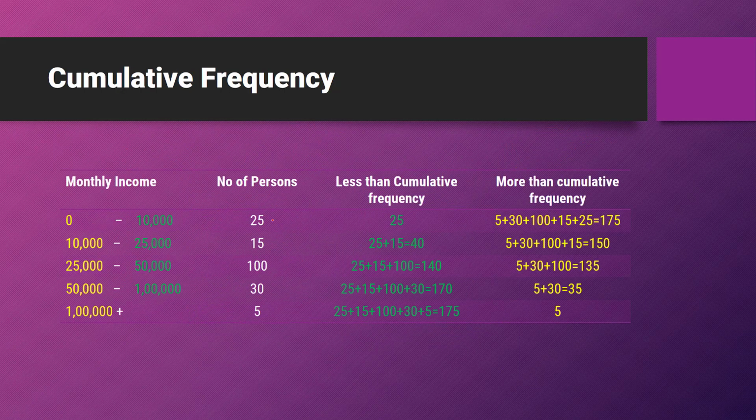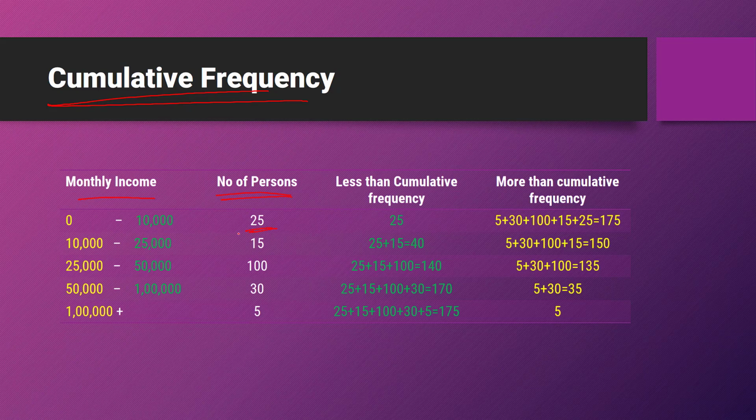Okay. So next is how to calculate cumulative frequency. There is a term called cumulative frequency which we use in case of certain formulas, and let's see how we can calculate it. For the same example, we have certain ranges of monthly income, and certain numbers of persons who fall in each range.